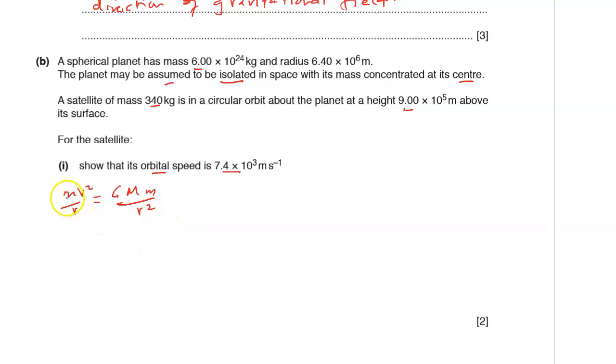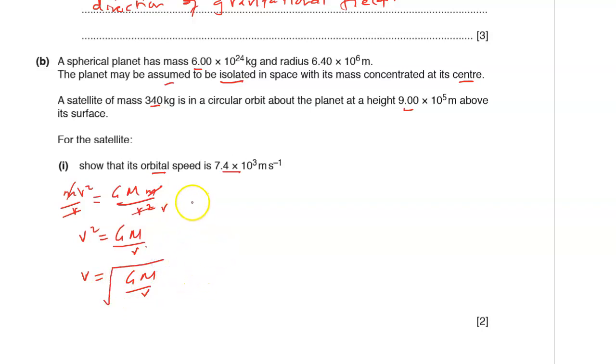So this m and this m will cancel, and one r will cancel to remain with r. Therefore v squared equals GM over r, and v will be the square root of GM over r.